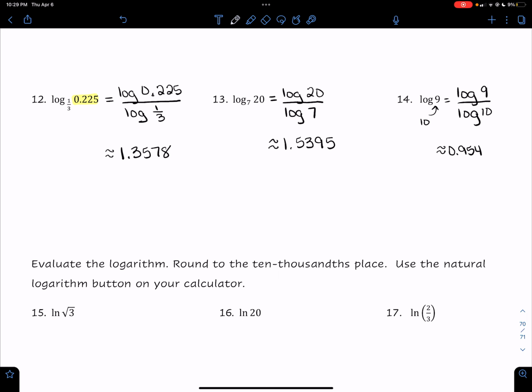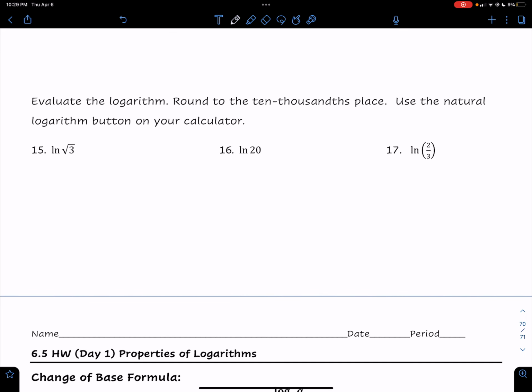All right, number 15, evaluating the log to round to the nearest 10,000ths place. Remember, that's 4 digits past the decimal. Use the natural log button on your calculator. Whenever you use natural log, the calculator already understands that the base is e. So all you have to do is type in natural log of radical 3. But on this calculator, you have to type in radical 3 and then the natural log button.